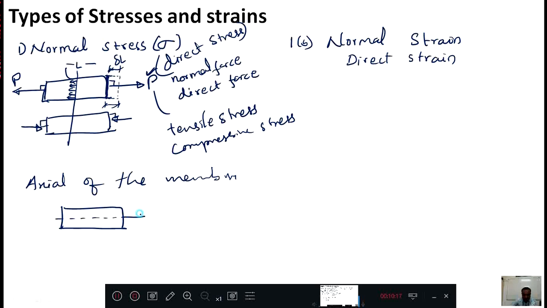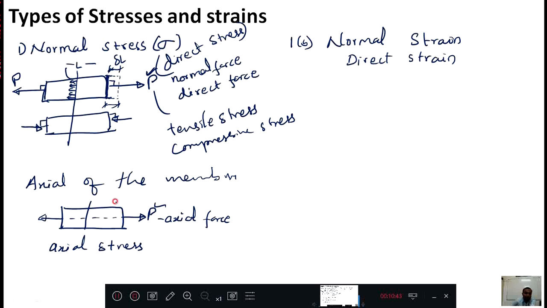Then if the force is applied along the axis, this force is called axial force. Then the resistance offered by the body for this axial force is called axial stress.